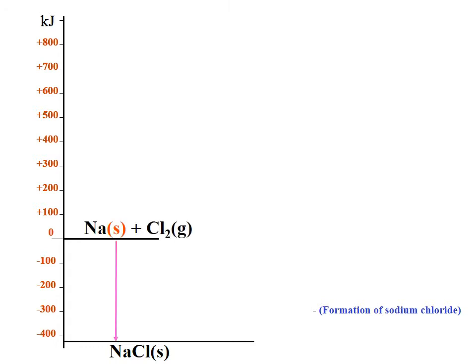All right, so we're going to add a lot of information now. We know about the formation of sodium chloride. We're going to take solid sodium and react it with chlorine gas to create sodium chloride.